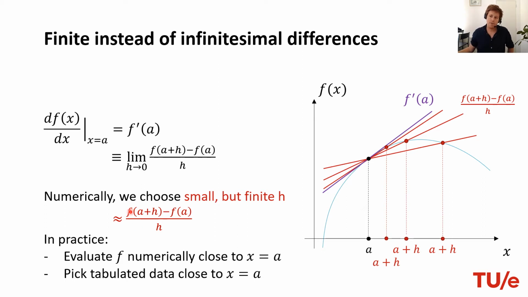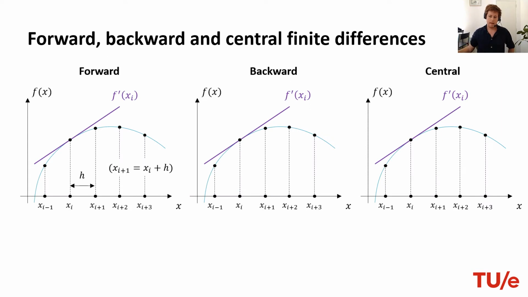Or if we are presented with f in table form, then we just take a tabulated data point for x close to a. And this will lead to a set of different kinds of finite difference approximations for the derivative of f at the point x sub i.